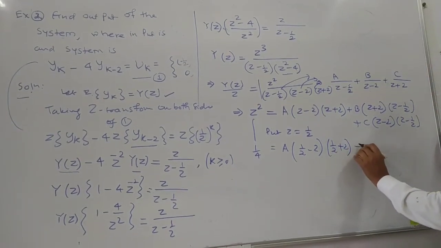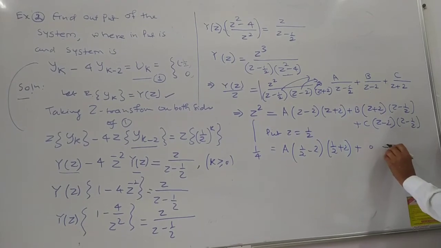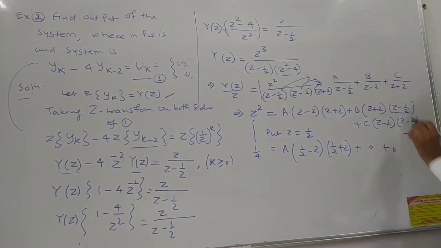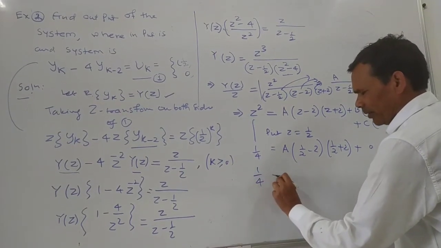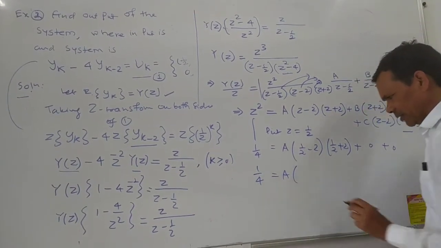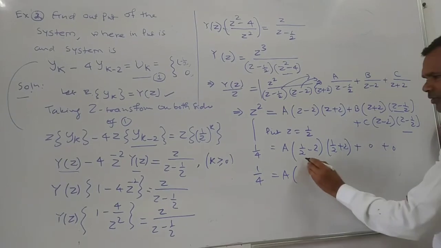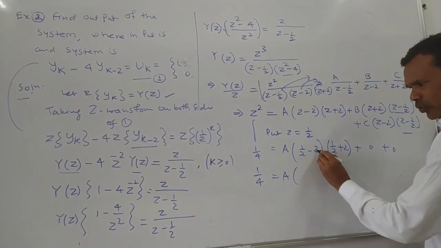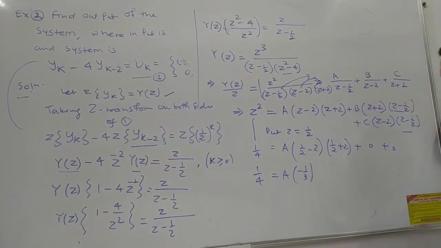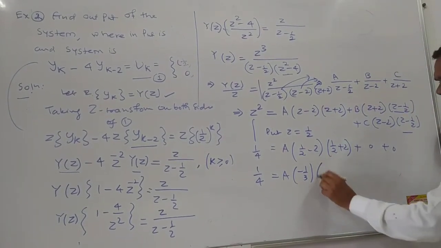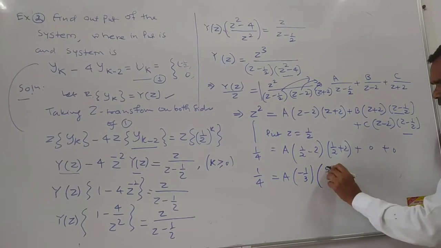And what about this? This becomes 0 here. Here also it becomes 0 if you are putting z is equal to half. So if you simplify this, then 1 by 4 a, this thing is minus 4. If you take the LCM, minus 1 by 3, 1 minus 4 minus 1 by 3, and here it is 5 by 3.